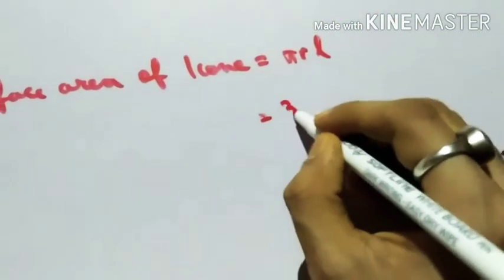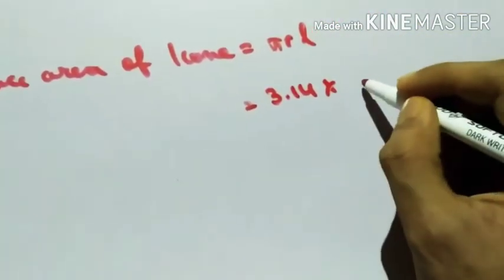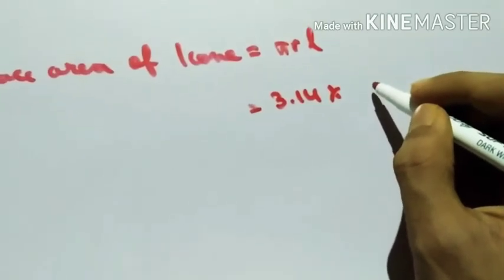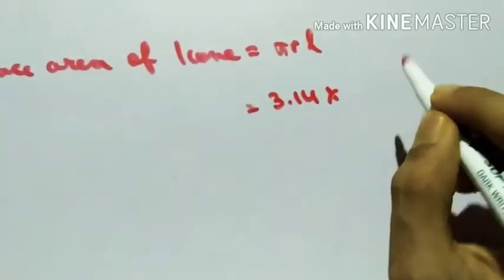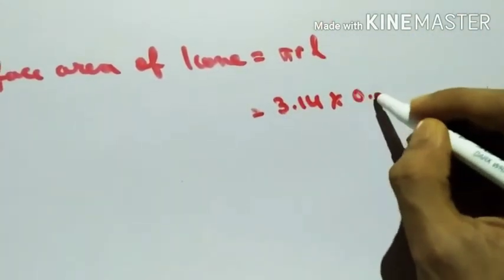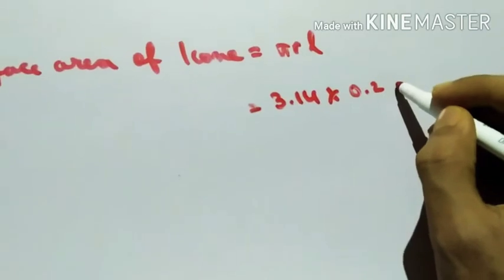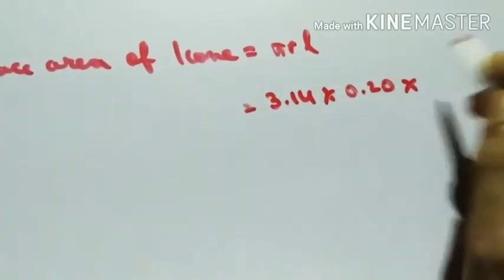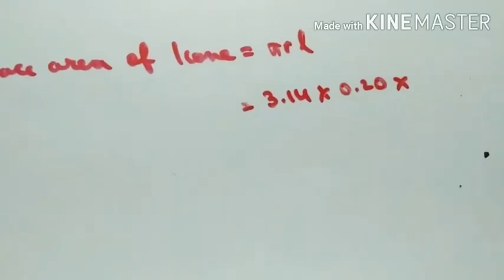One more thing, the pi value is said to take 3.14. So it equals 3.14 into radius. The base diameter is given as 40 centimeter, so radius will be 20 centimeter. Now this 20 centimeter I will have to convert to meter, so it will become 0.20 meter, into slant height.